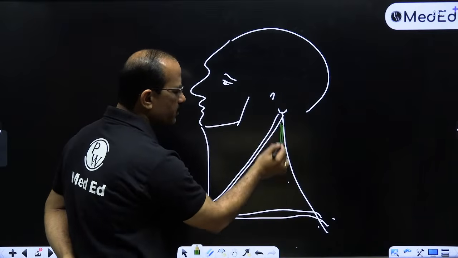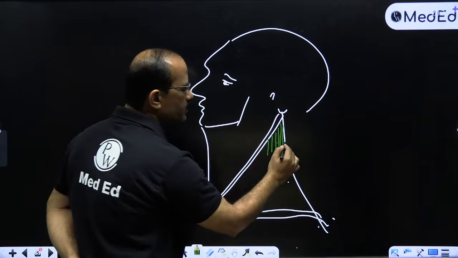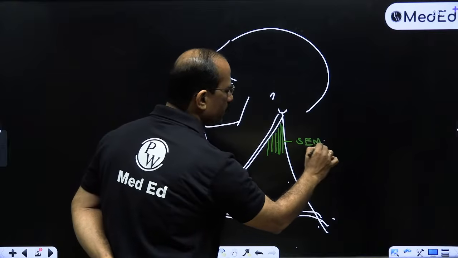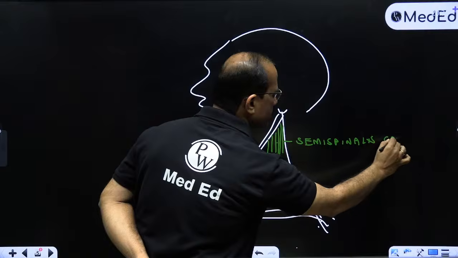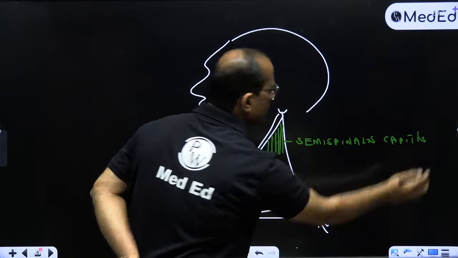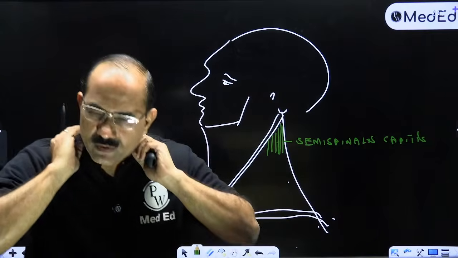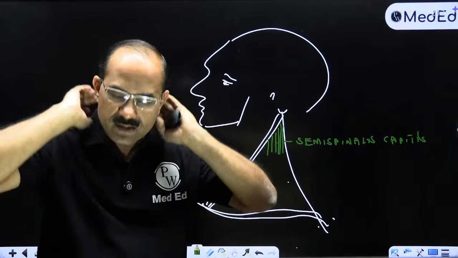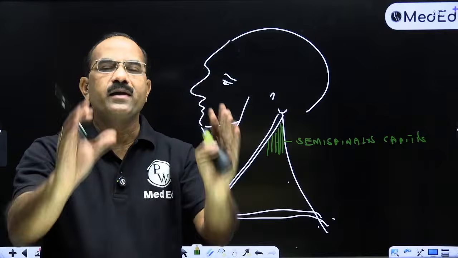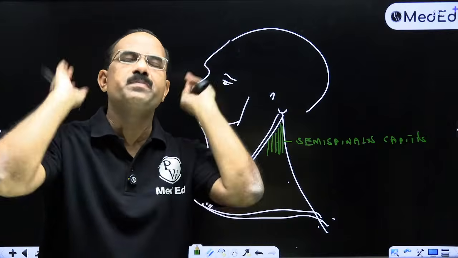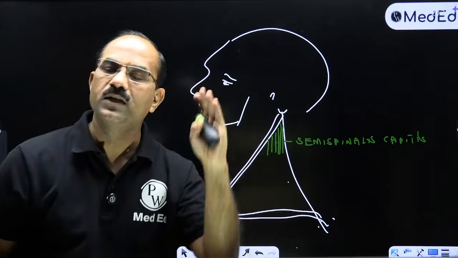The first muscle here is known as the semispinalis capitis. Capitis, the head, begins from the cervical vertebrae, the spines, and goes to the caput. Caput is the head. The semispinalis capitis is the first muscle in the floor of the posterior triangle.